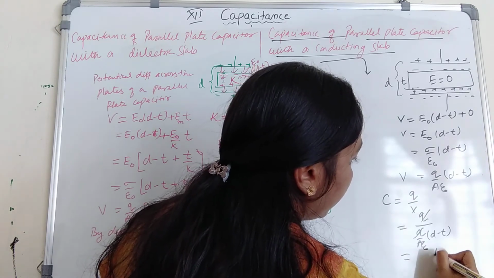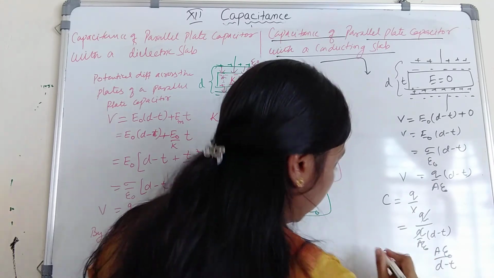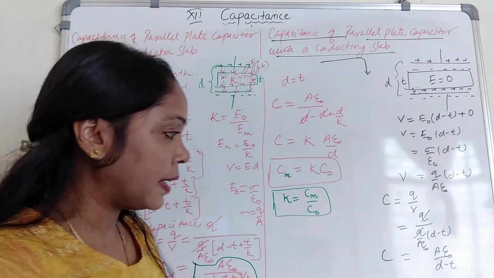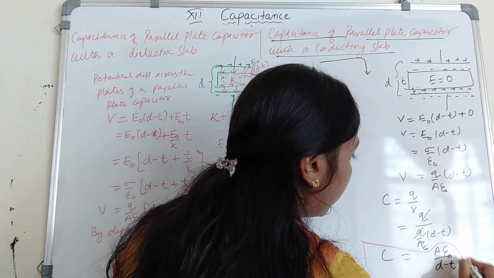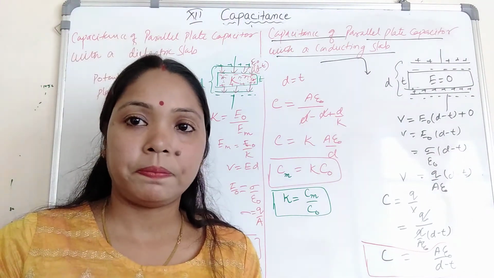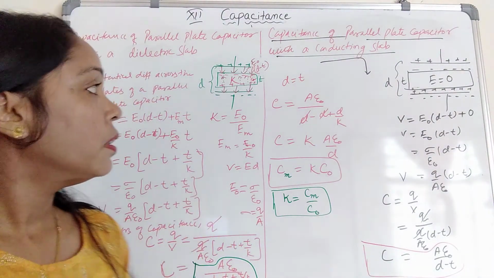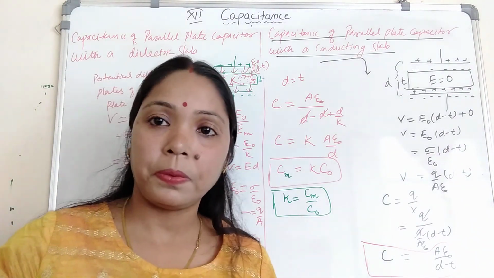Q gets cancelled, giving A epsilon naught by (d minus t). This is the expression for the capacitance of a parallel plate capacitor when the conducting slab is present between the plates. Hope these two topics are clear to all of you. Thank you.